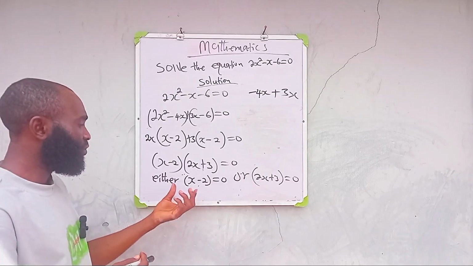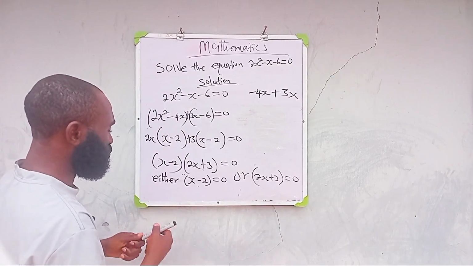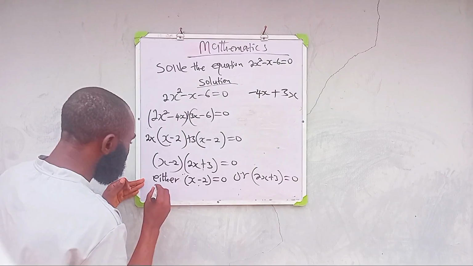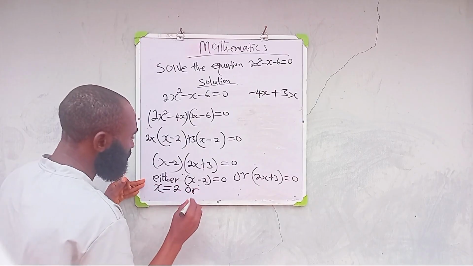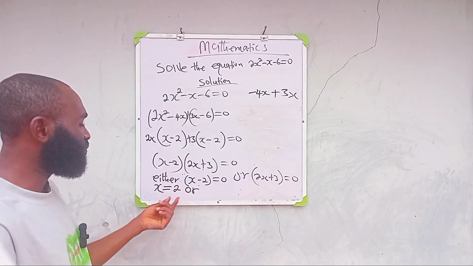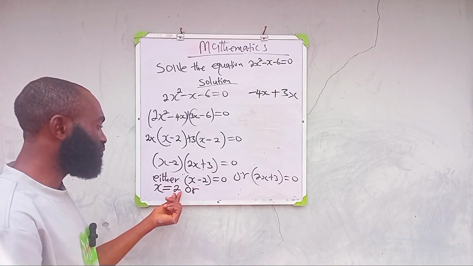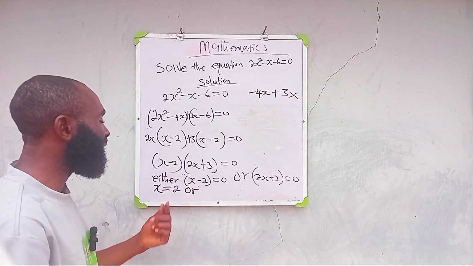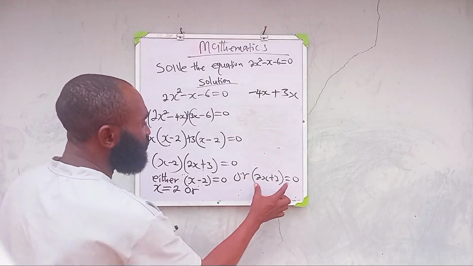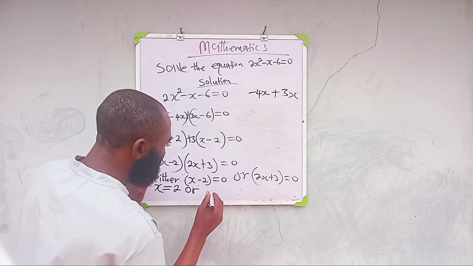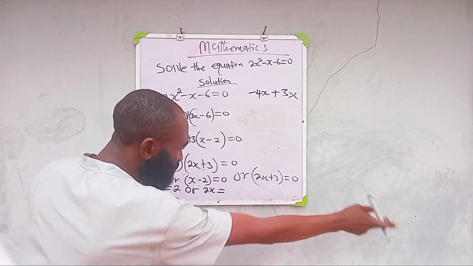Now, since you are looking for x, you collect like terms. Taking minus 2 to the right-hand side, it gives positive 2, because the sign changes: if it is positive it changes to negative, and if it is negative it changes to positive. So x is equal to 2. For the second bracket, we have 2x equal to minus 3, taking 3 to the other side.